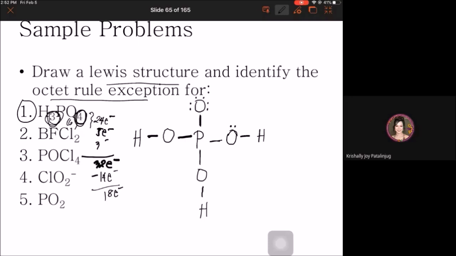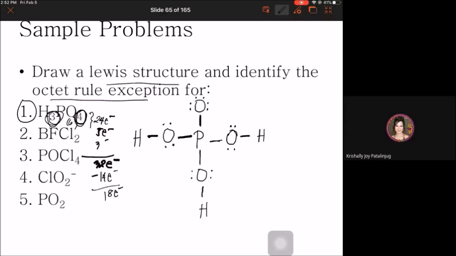So, 6 sa taas, 4 sa magkabilaan ng mga oxygen. Okay? So, total of 18 already. Tama, 18 na yung na-distribute natin. Now, if ito lang yung sagot nyo for the Lewis structure ng phosphoric acid, mali pa to.